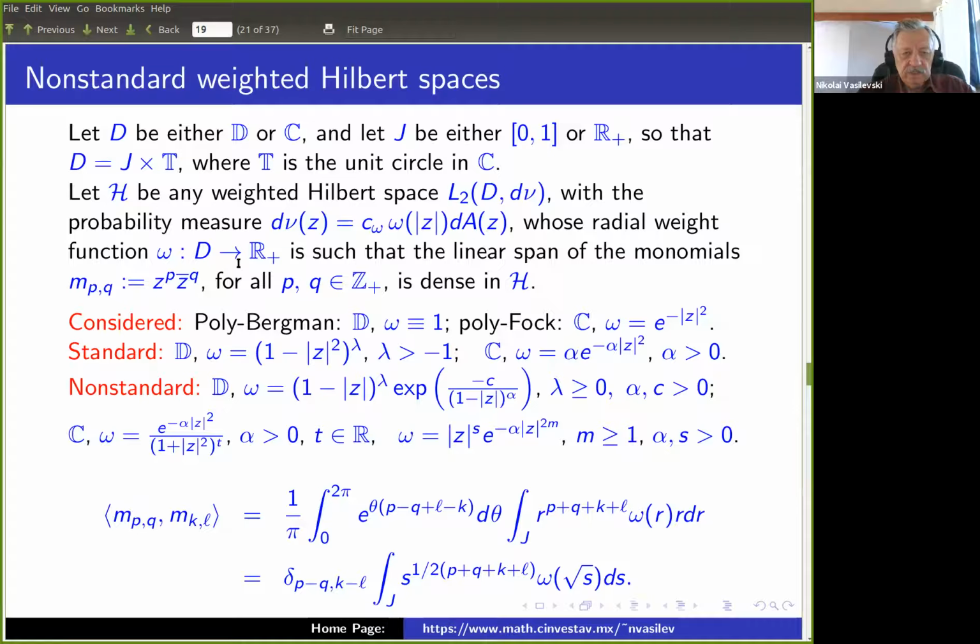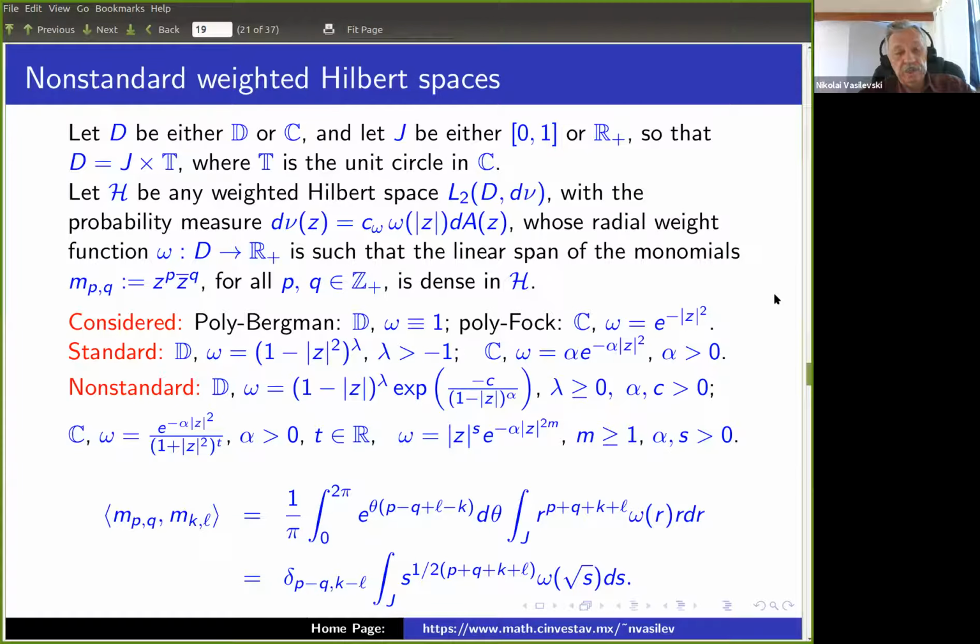For the unit disk, it is the power of 1 minus modulus Z squared to the power lambda, where lambda is greater than minus 1. This is a very standard weight in Bergman space theory. And the weighted Fock measure, the weighted Gaussian measure, when a positive parameter alpha is involved.